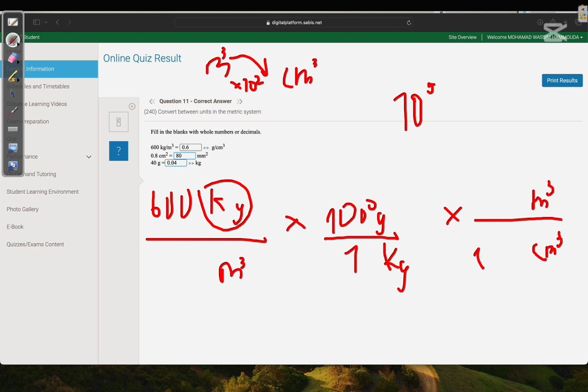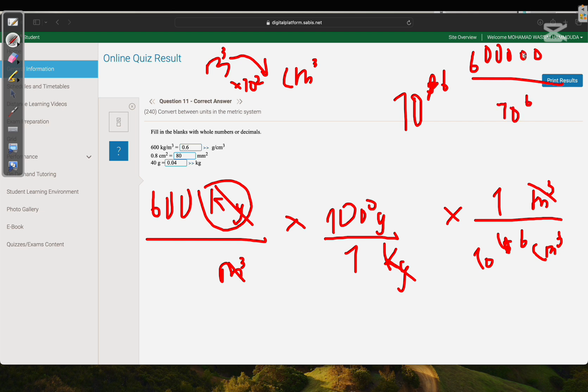So here 10 to the power of 6 and 1. This and this cancel, this and this cancel. So it's 600,000 over 10 to the power of 6.